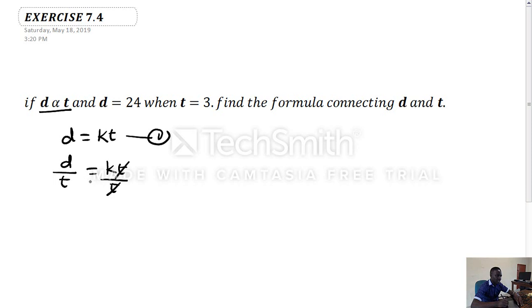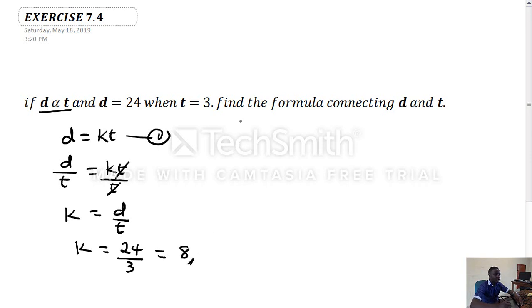and t will cancel t, so that my k is equal to d over t, given that d is equal to 24 and t is equal to 3. So that will be 24 divided by 3, and 24 divided by 3 is 8.